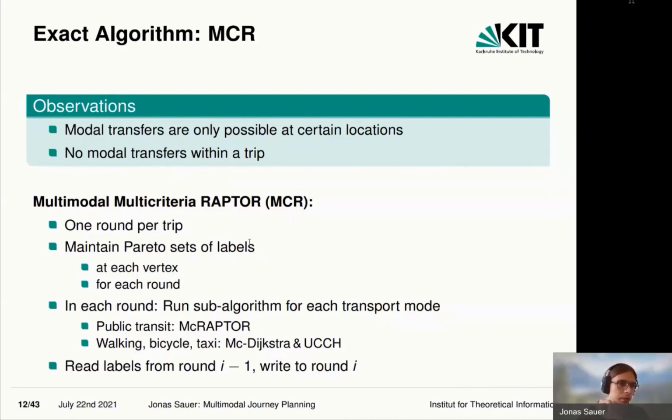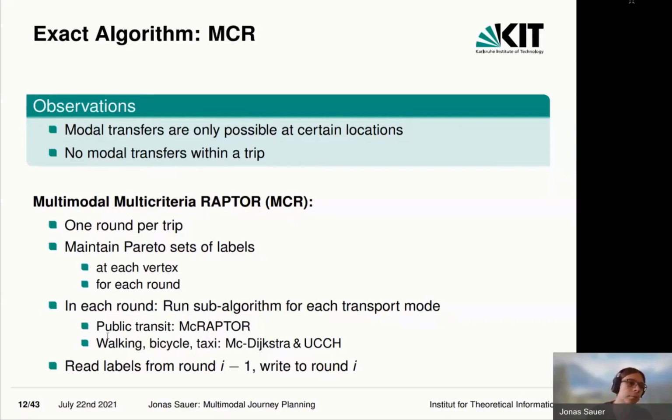And unlike the MacRaptor algorithm, we don't just do that at every stop in the public transit network, we do it at each vertex, including the road networks. And now for each round, we run one sub-algorithm per transport mode. So for the public transit part of the journey, we would run MacRaptor.